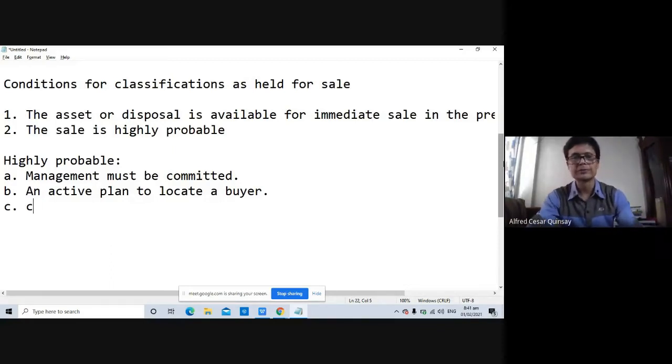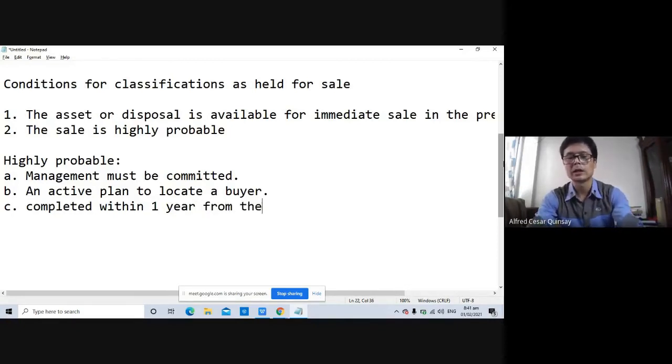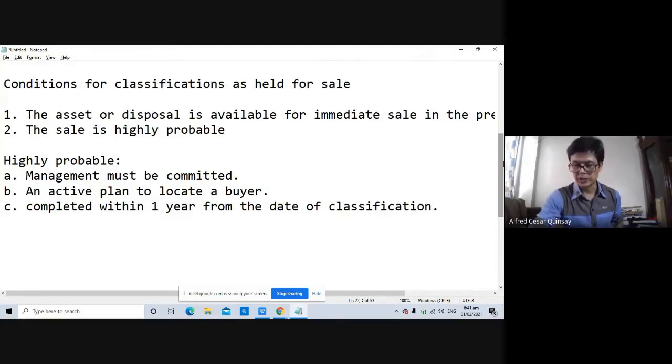In letter C, okay, letter C is the sale is expected to be completed within 1 year. So completed within 1 year from the date of classification na siya, na held for sale siya.